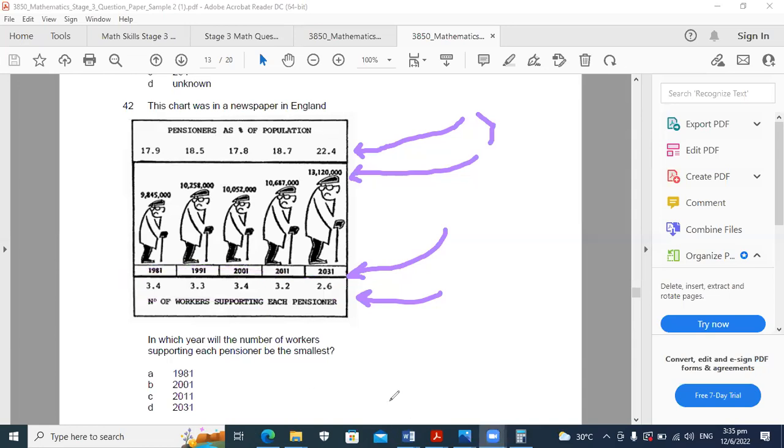What's the smallest number on this row here? 2.6. And 2.6 is what? 2031. So that's the answer. Because in 2031, only 2.6 of the workers will be supporting the pensioners. 1981 would have been 3.4. That would be the highest. 1981 and 2001 will be the highest, not true?